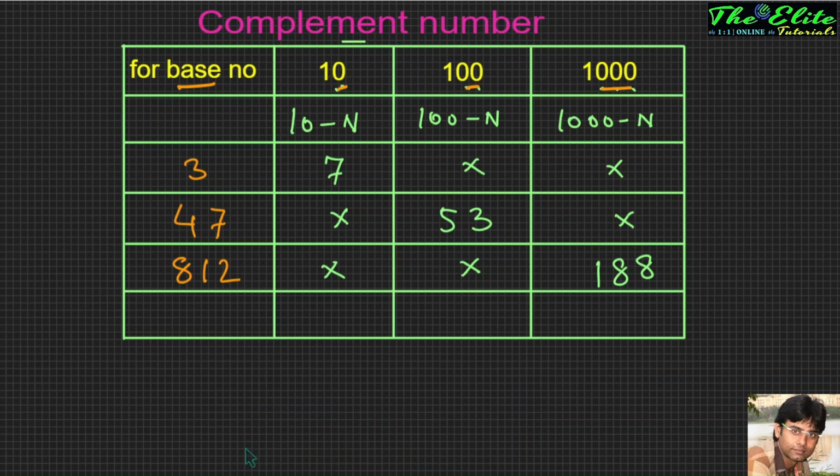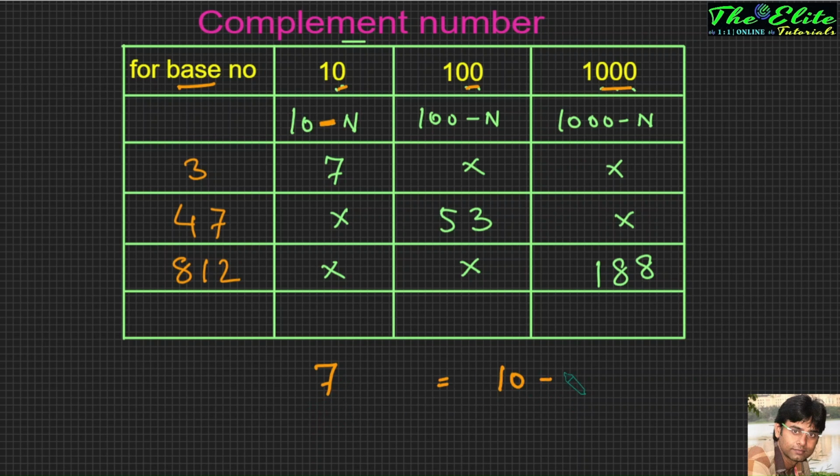Once you know what bases are, then we also have to learn how we will get the complement number of that. I have already given the rule here. In order to find the complement number based on 10, we just subtract that number from 10. Suppose anybody asks you what is the complement number of 7, then you find the answer through this method: subtract this number from its base. 7 is a single digit number, so the base is 10.